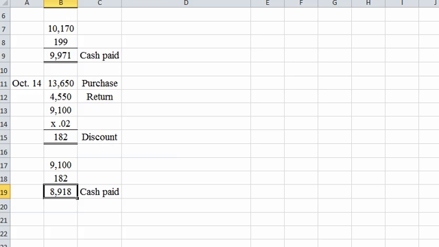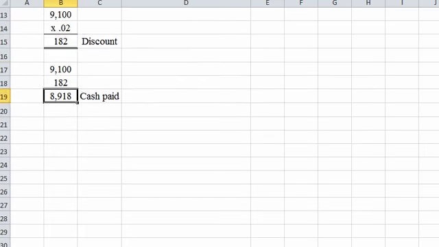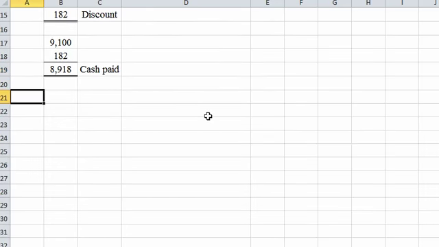This is for October 30th. $22,000 is the amount of the purchase, times they offered a 1% discount, so times 0.01.